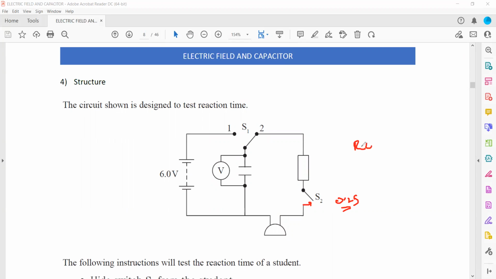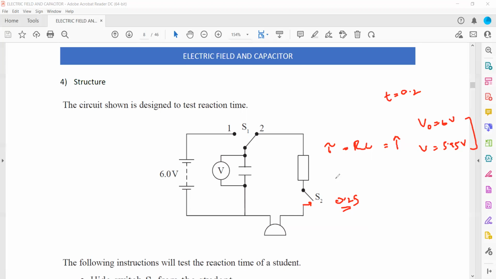If the time constant RC is too high, what might happen? Maybe the student took 0.2 seconds, but the highest voltage was 6, and after 0.2 second it might reach 5.95. So it's a very small change in the voltage. It's not a considerable change. It won't be sensitive, because to be sensitive, we want a greater change in the same interval.